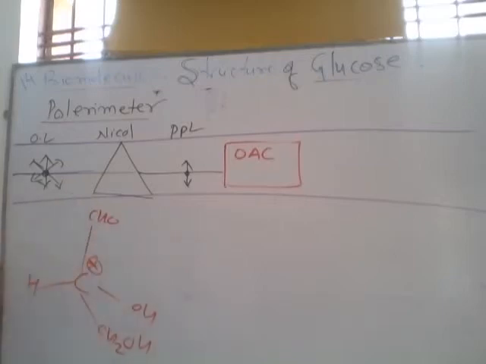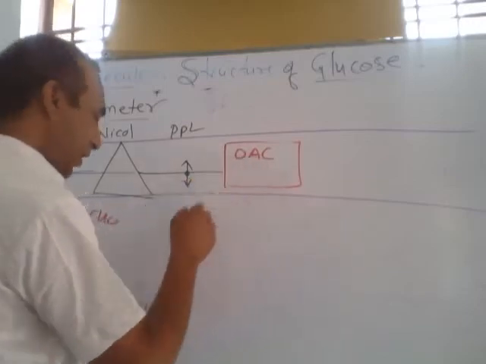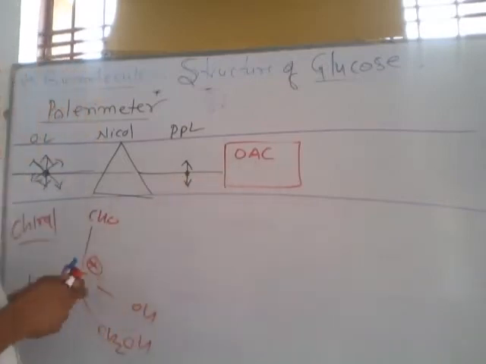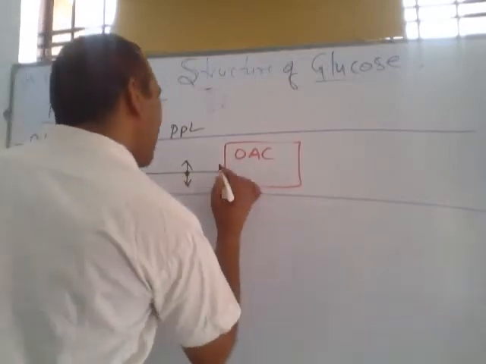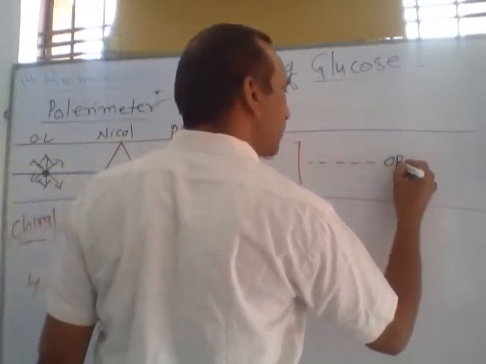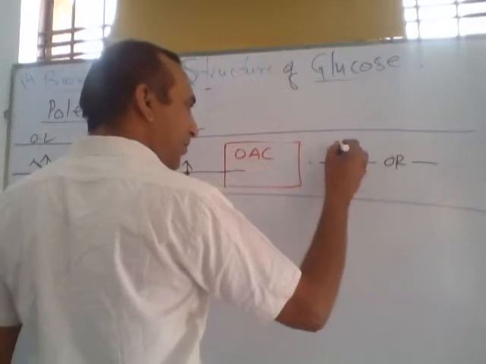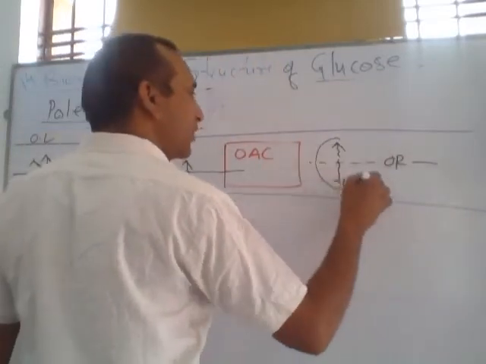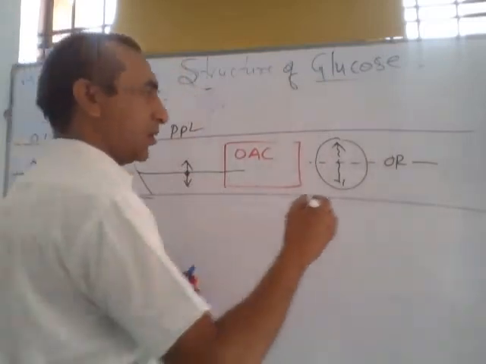This is called a chiral center. If a compound has a chiral center, it is optically active. Optically active means the behavior of this compound with plane polarized light may be of 2 types. Observe, the vibrations of plane polarized light initially were in the vertical direction. This type.